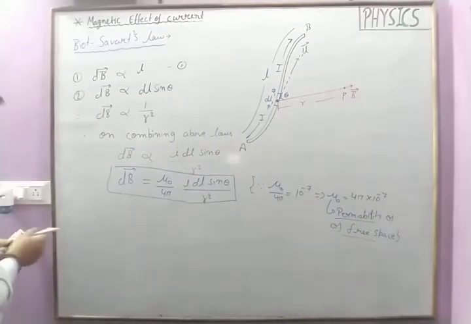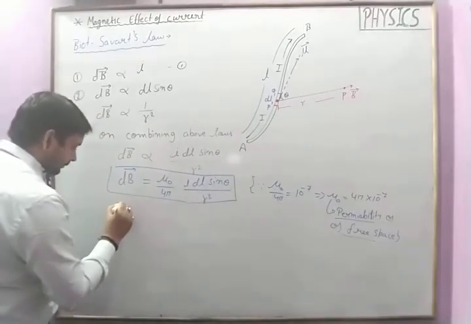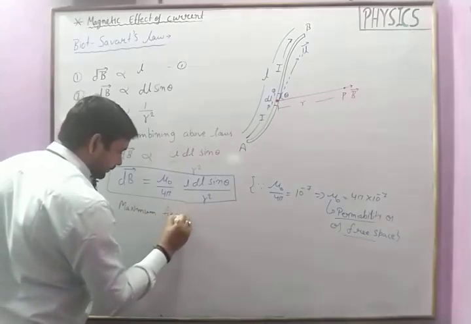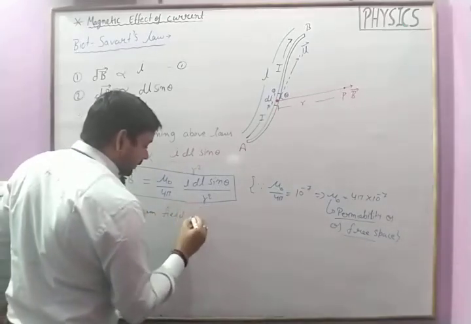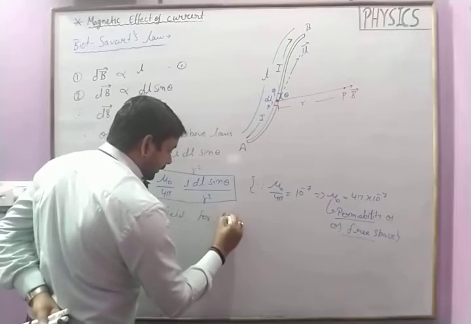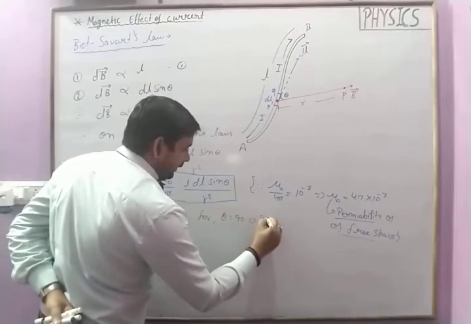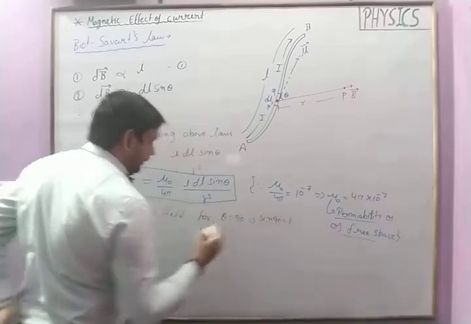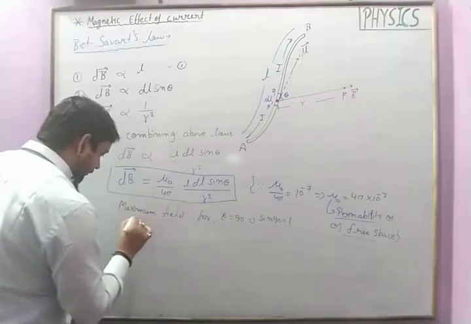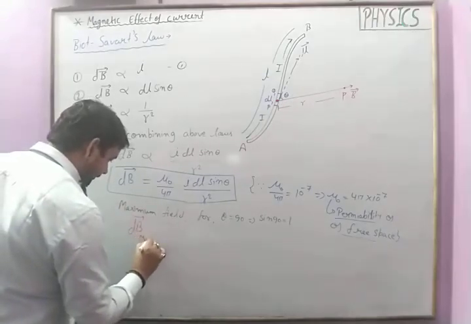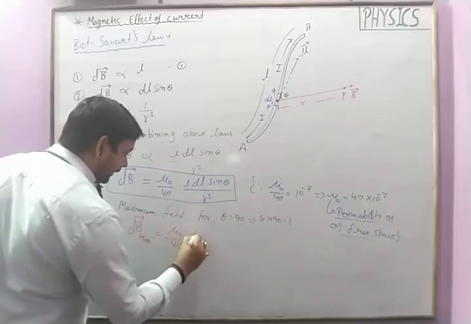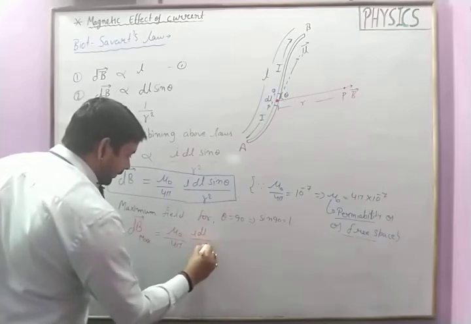So this field is maximum for theta is equal to 90, that is sin 90 is equal to 1. Therefore the expression which is maximum for the field is mu naught upon 4 pi I dl upon r square.